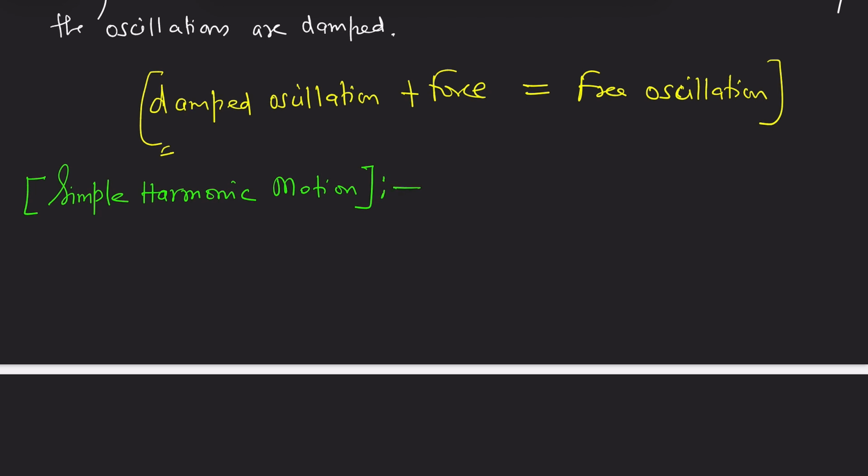If I put this qualitatively, what I generally say to the students is that it is the simplest possible form of a free oscillation, and it should follow a certain mathematical condition. If any oscillatory motion follows this particular mathematical condition, it will be considered as simple harmonic motion.